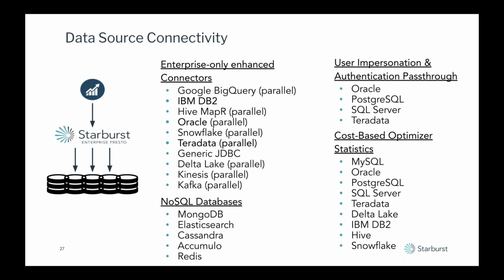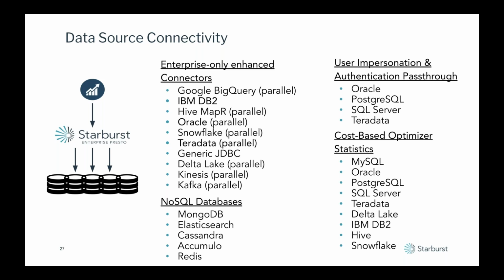There's also a set of capabilities that allow for easier management on the security side with user impersonation and pass-through authentication, where some of the sources already may have some users set up. And so Presto allows us to pass these credentials to the underlying source, making things easier on the administrator side.